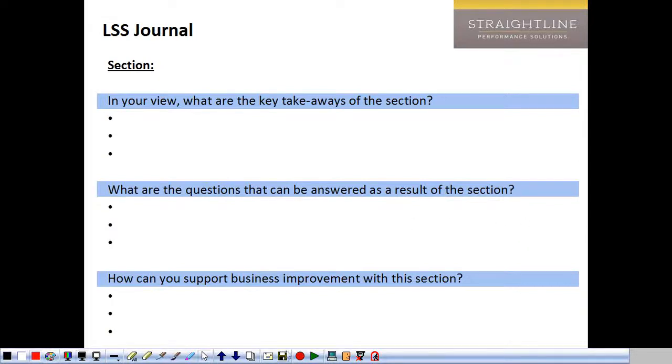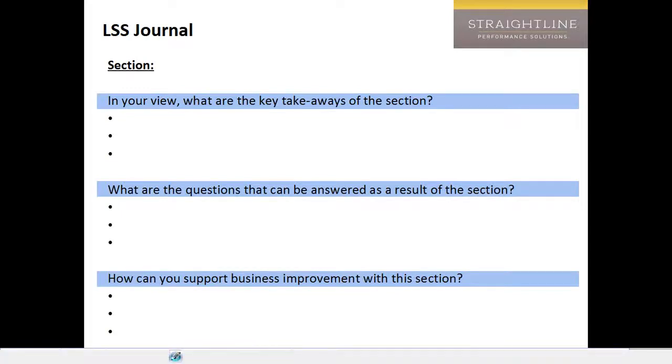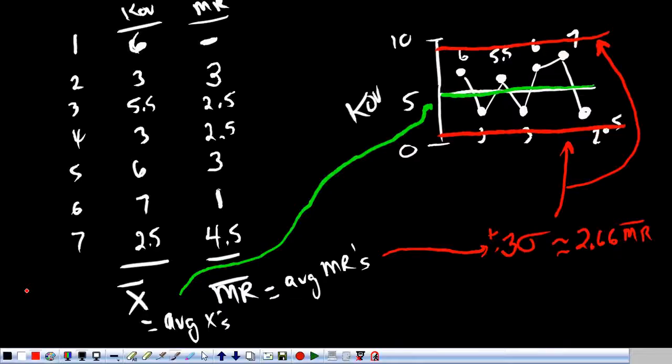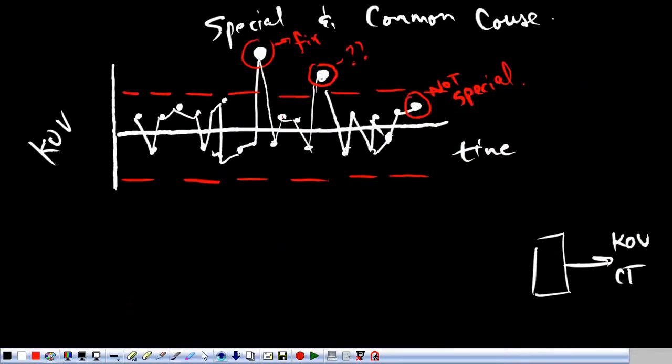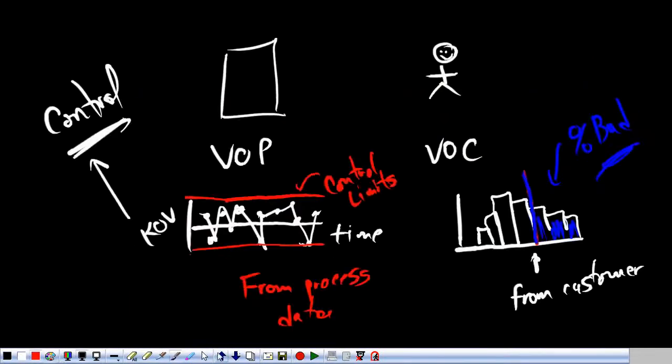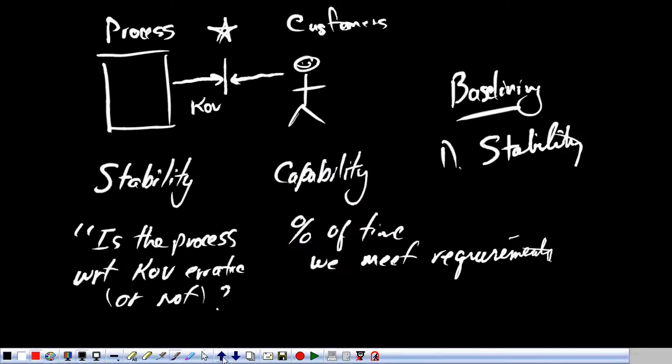I do want to take a little bit of time and go back to my Blackboard and summarize what I think are some of the takeaways here. First of all, we talked about the voice of the process and the voice of the customer. That's a key concept.